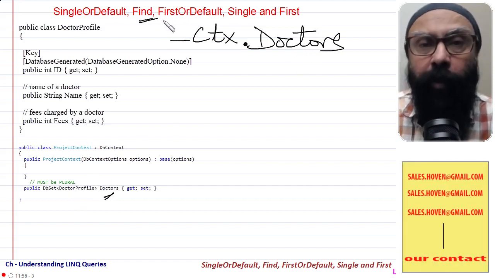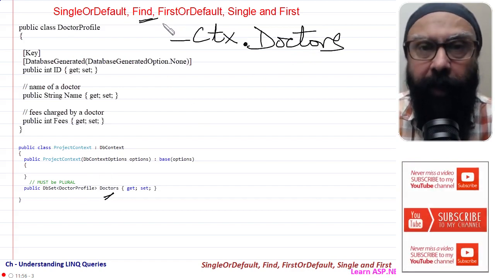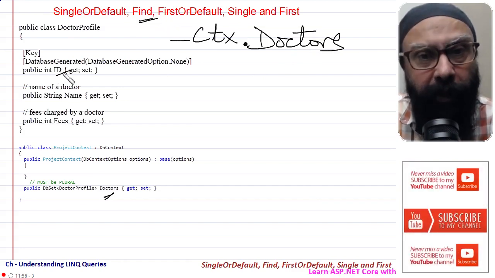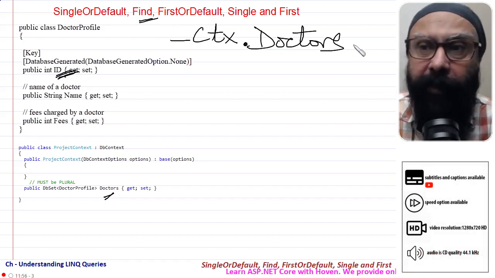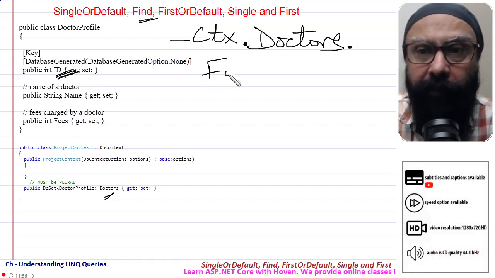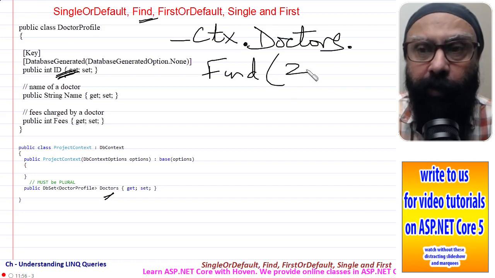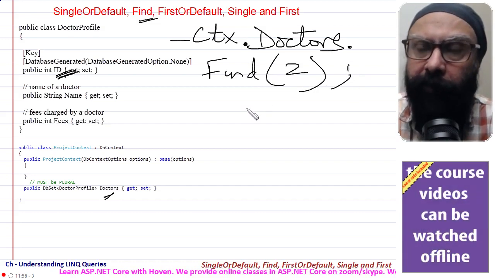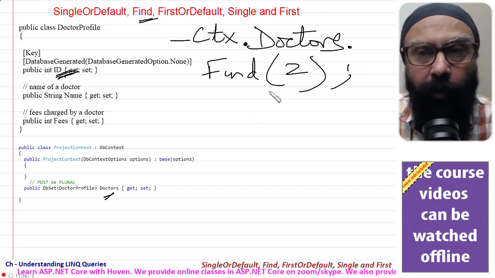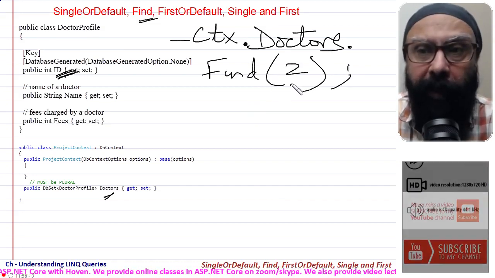Now if I want to find just one doctor and I have the primary key, then the best way is to use .Find and pass your primary key value to this function.